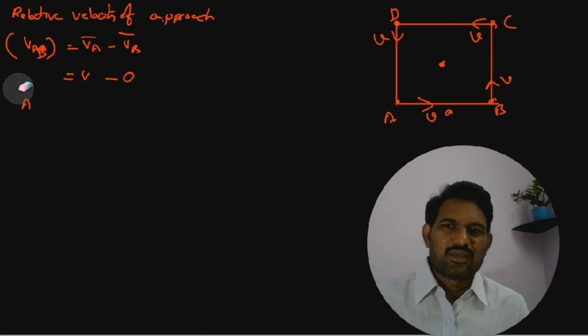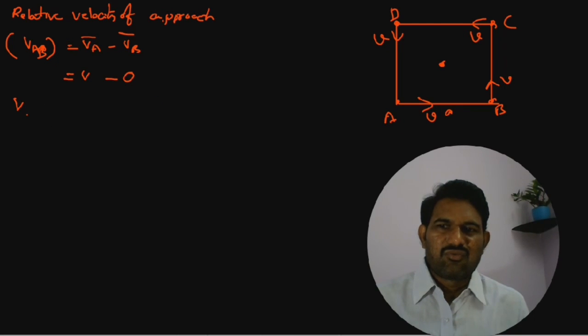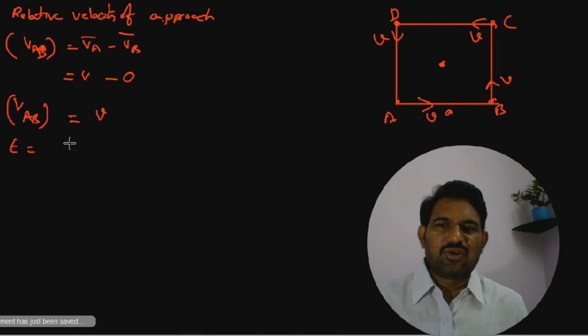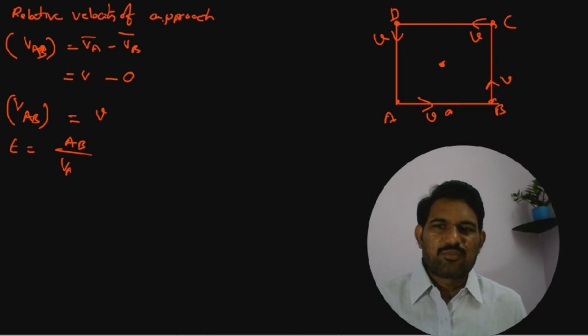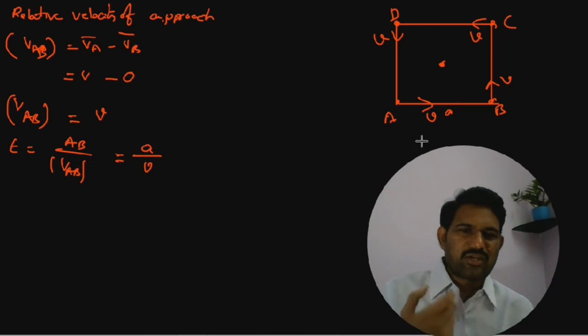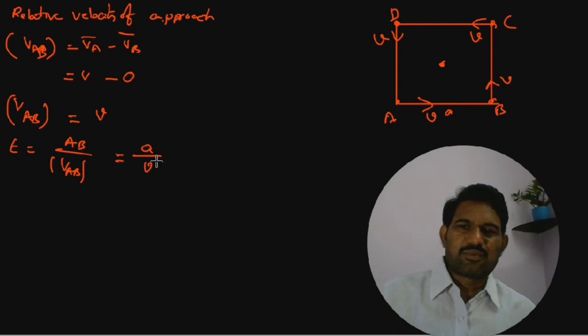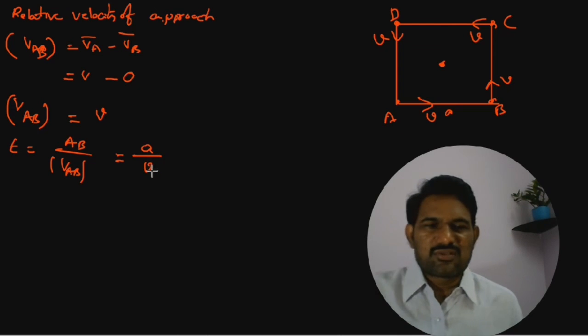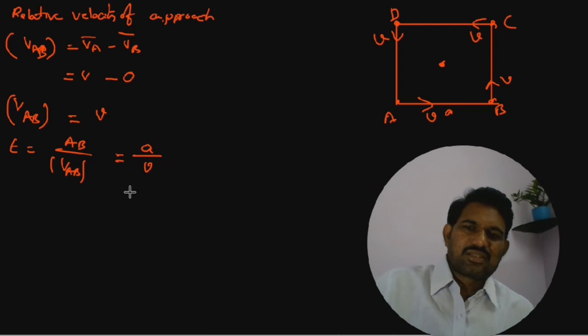So the time taken is t equals distance AB by the relative velocity of approach, which is A by V, since the side of the square is A.